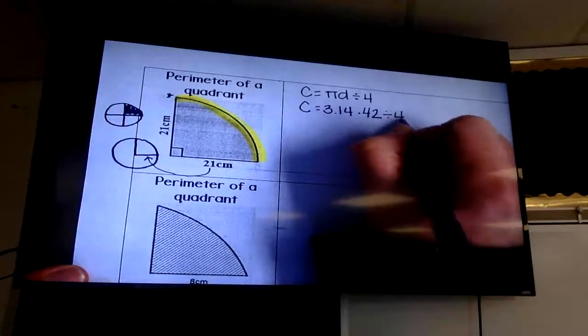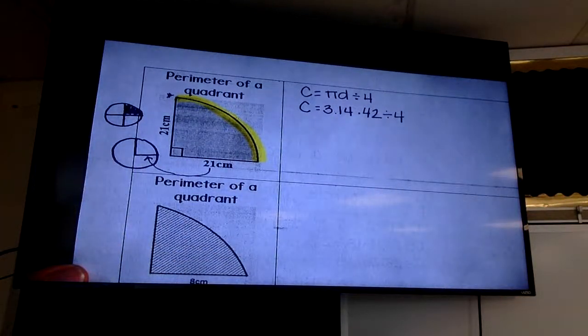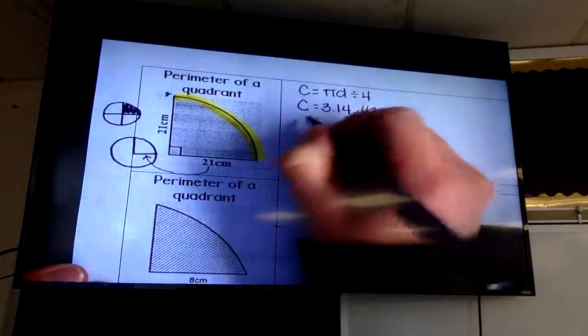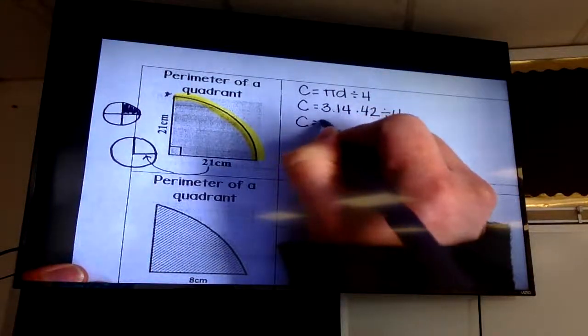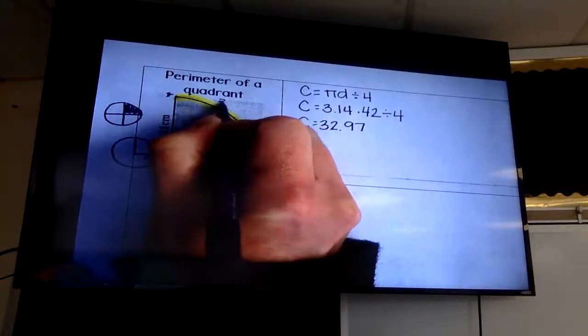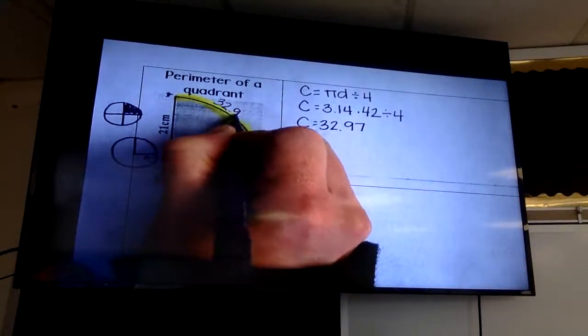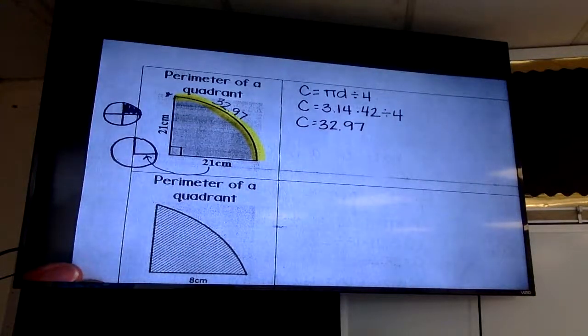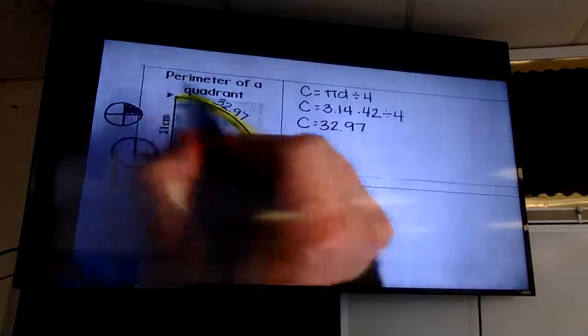And then I got to divide it by 4. So I have 3.14 times 42 divided by 4. I find out that this arc piece is worth 32.97. So this right here is 32.97. But I want to go all the way around my quadrant.